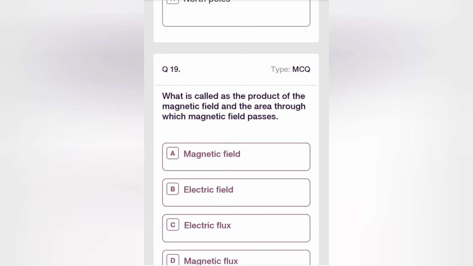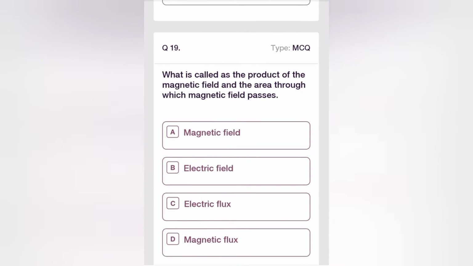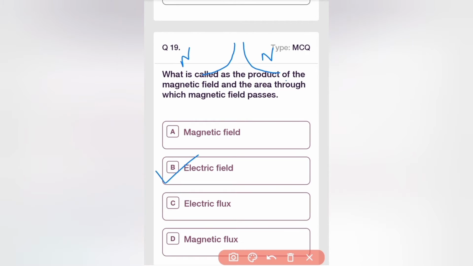What is called the product of magnetic field and the area through which the magnetic field passes? We know that the magnetic field strength is given by flux per area.